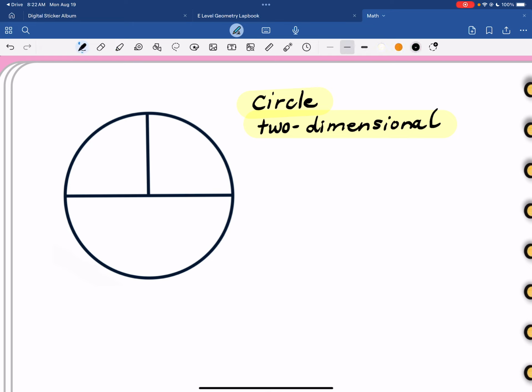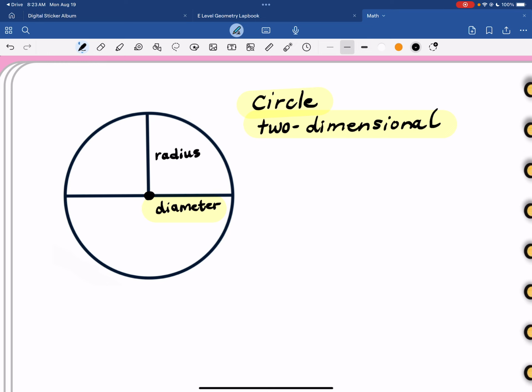The distance across a circle through its center, so here's the center point, the distance across the circle is called the diameter. That's a flashcard, diameter. And half the distance across, so this line that runs from the center up, is called the radius.